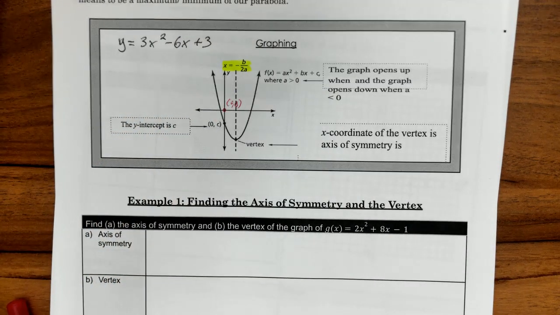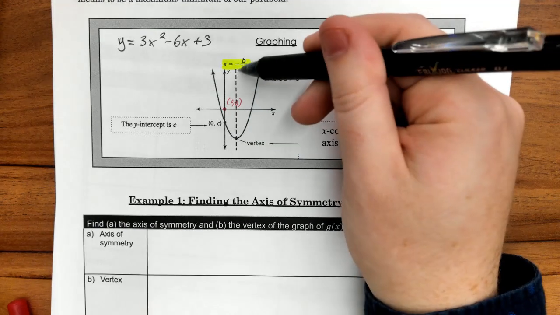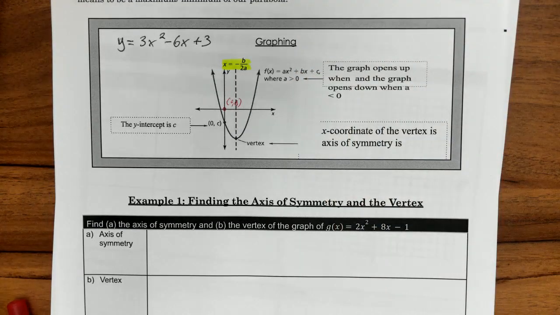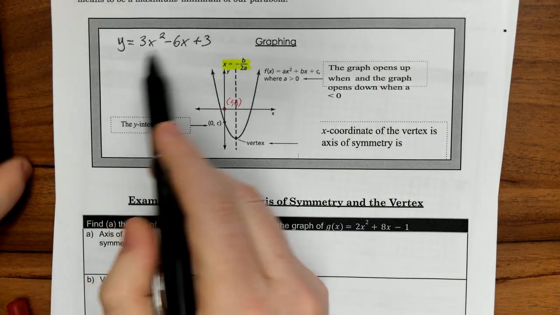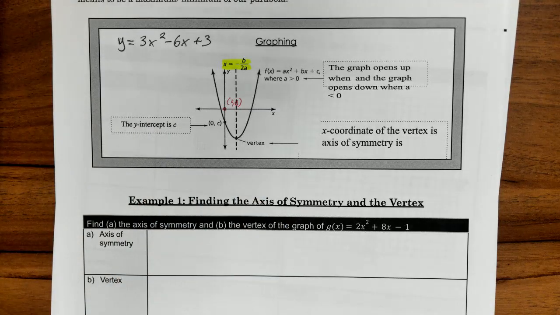Because of that, it also tells you where your axis of symmetry is, because your axis of symmetry is just the line that goes through the vertex. So let's do this example here and use the formula.